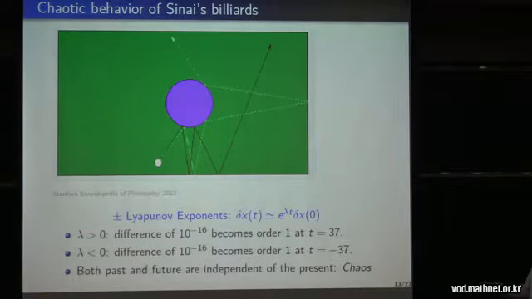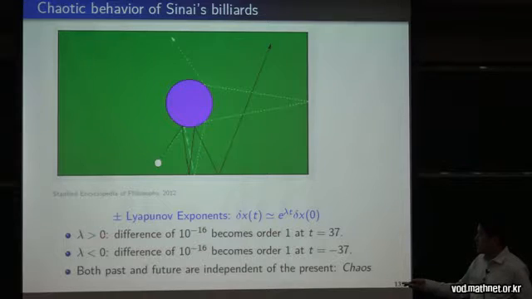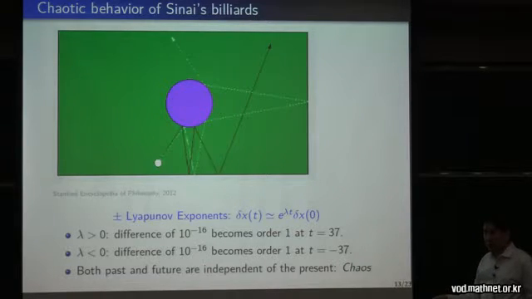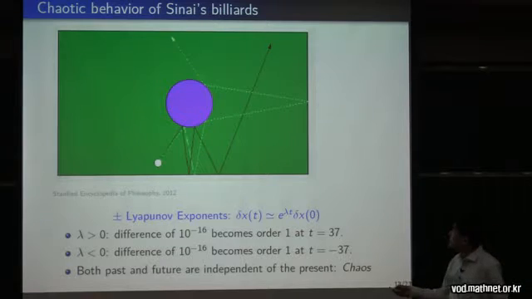And because of both positive and negative Lyapunov exponents, we get chaos. And in fact, that's one definition of chaos, actually. So this is called a hyperbolic dynamical system because it has both positive and negative Lyapunov exponents. And whenever you have hyperbolic dynamical systems, you have what's called chaos. Both the past and the future are essentially independent of the present. That's the idea.